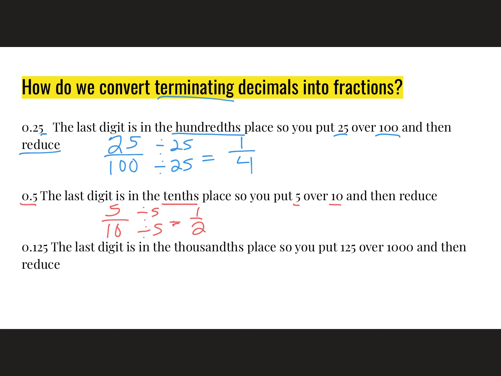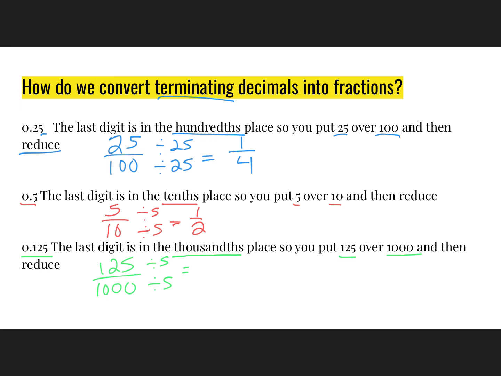And then if we have something like this last one where I have 0.125, the last digit is in the thousandths place. That's 3 spaces past my decimal. So I'm still going to put 125 over 1,000 and then reduce. 125 over 1,000. I know those both divide by 5.